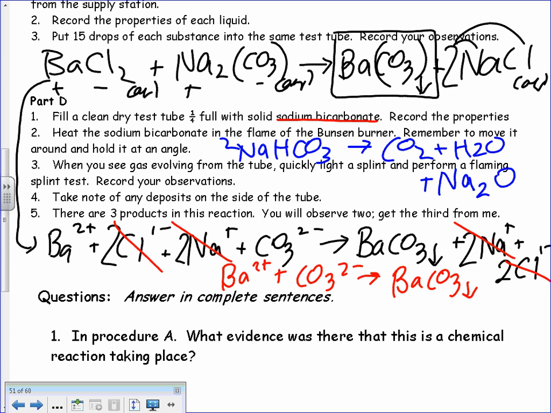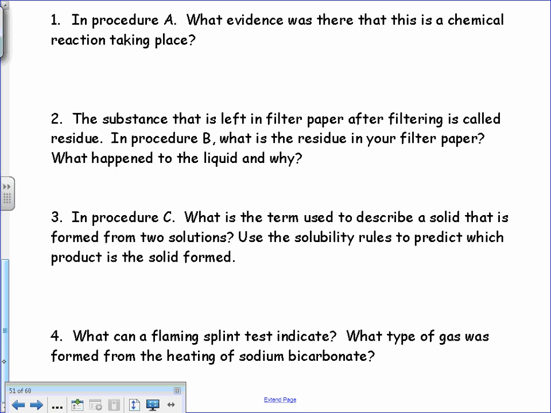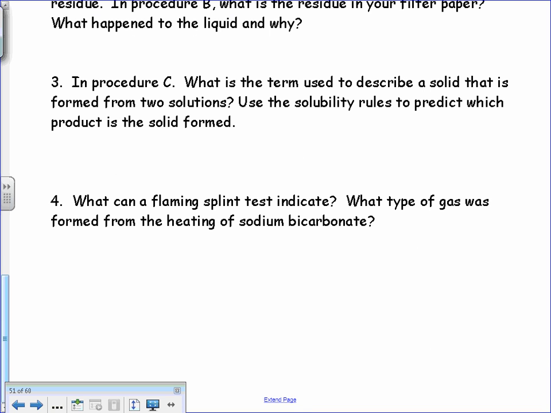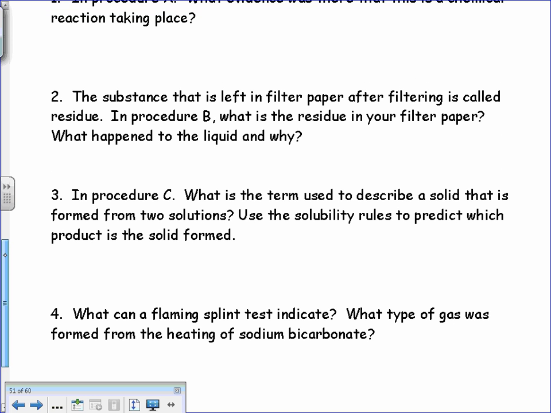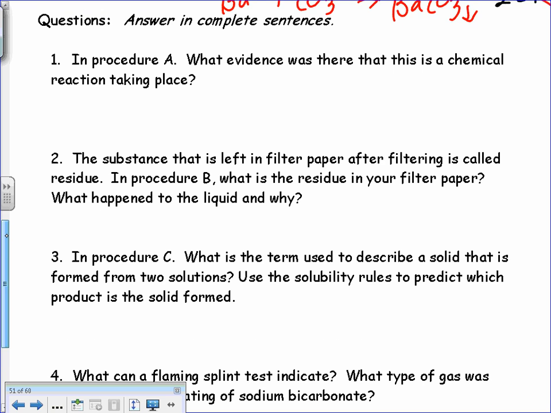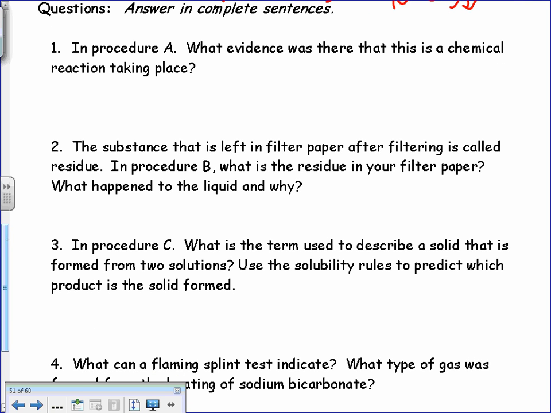Okay, the last question that was really bothering me when I was grading these was, actually, I think you guys are okay on this one, but number 1, evidences. Some of you guys said it combusted, I think most of the ones that were wrong said combusted.